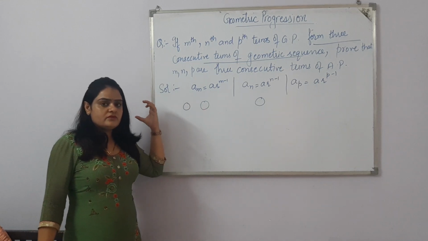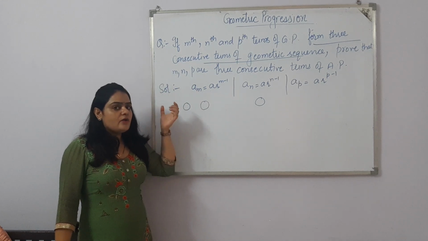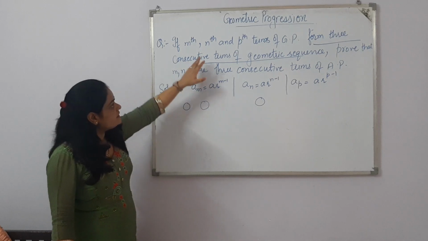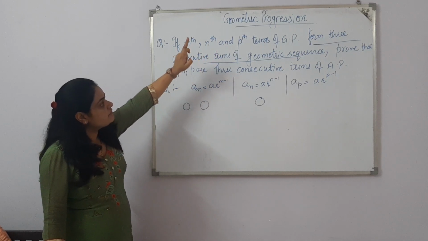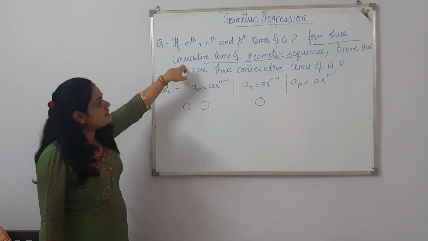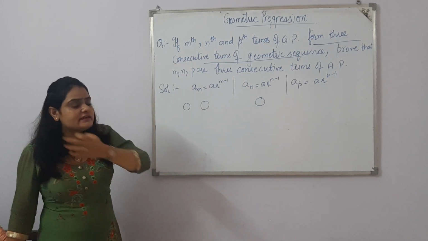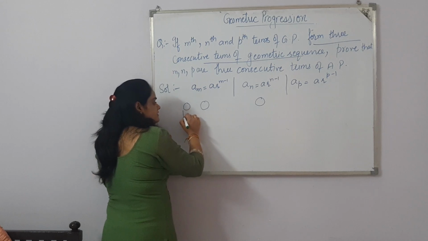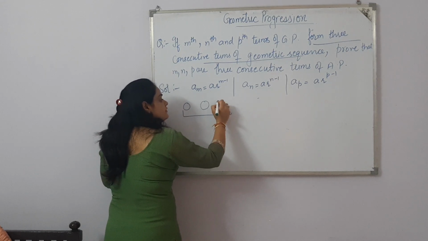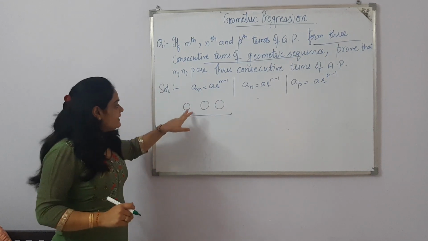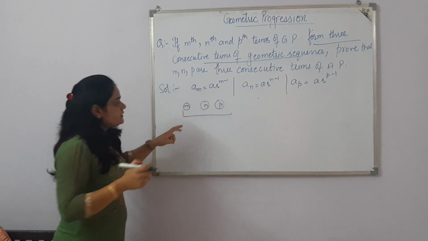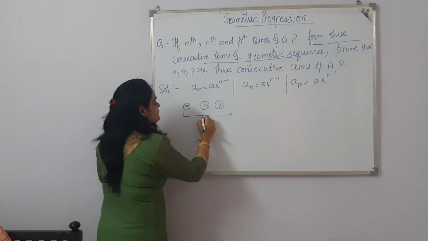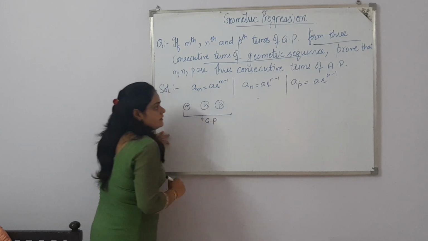The question demands that when the mth, nth and pth terms of GP form three consecutive terms of a geometric sequence, these three terms when they come together form a GP.